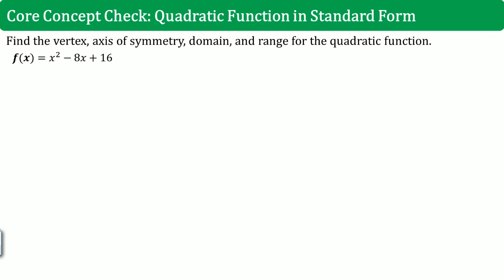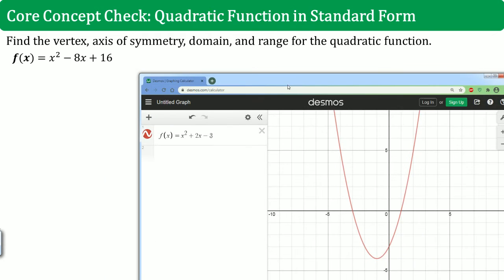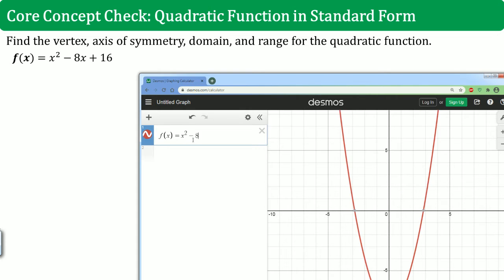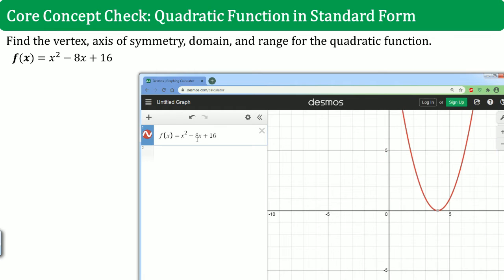Let's review the core concept here by finding the vertex, axis of symmetry, domain, and range for the following quadratic function. Try this out. To approach this, you would grab DESMOS and type in the function: f of x is equal to x squared minus 8x plus 16.